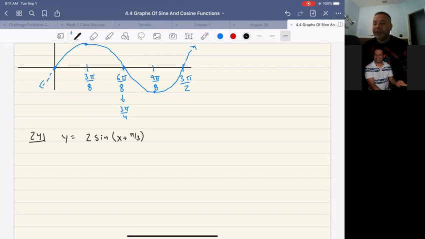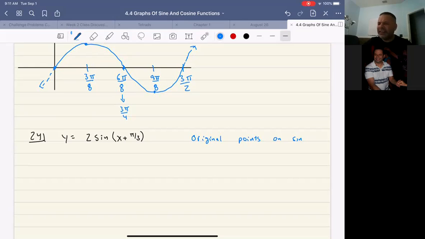Okay, so now this one there's no period change, but it does have a change in terms of a shift. So here I'm going to take my original points on sine, or cosine really.